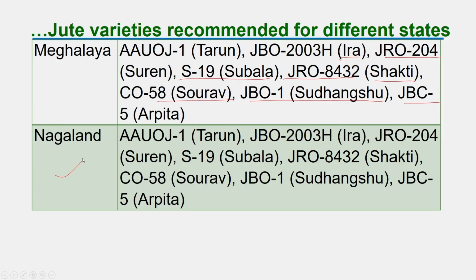Now check the varieties for Nagaland. AAUOJ1, JBO 2003H, JRO 204, S19, JRO 8432, CO58, JBO 1 and JBC 5, etc. So these are the varieties which have been recommended for Nagaland.